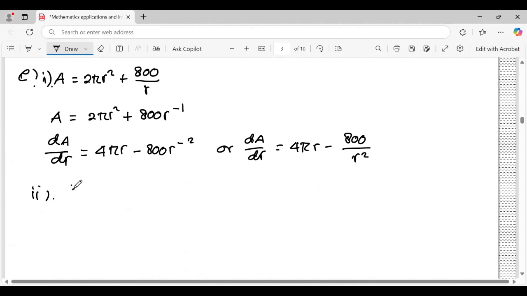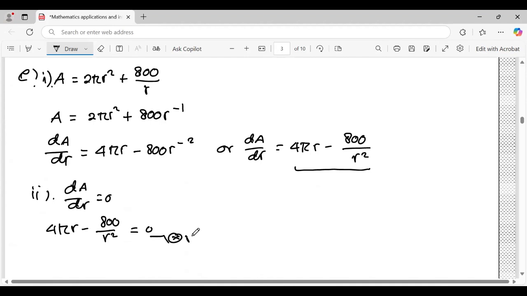Part 2. We need to set dA/dr equal to 0, so this expression equals 0. So 4 pi r minus 800 over r squared equals 0. Then I multiply by r squared, so it's 4 pi r cubed minus 800 equals 0.